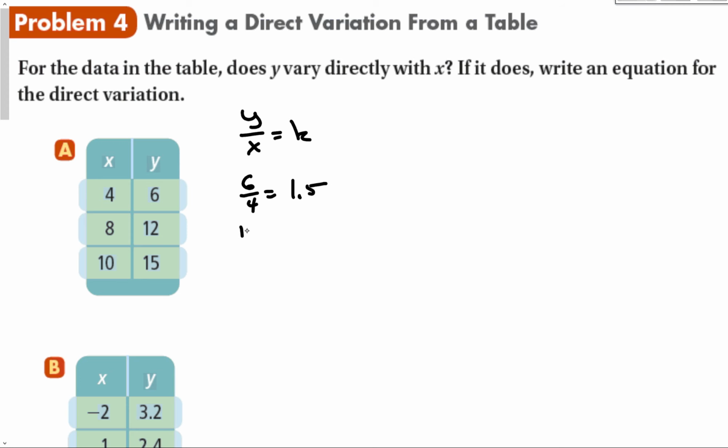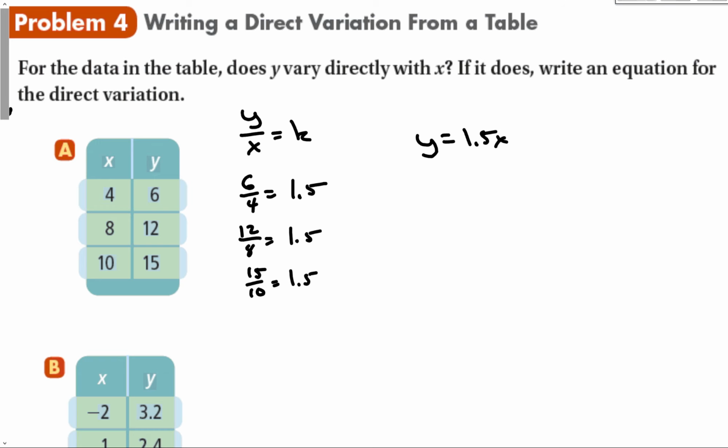Now we need to check, is 12 over 8 1.5? Yes. Is 15 over 10 1.5? Yes. Okay, so all the data points give me a constant of variation of 1.5. So that means my equation is y is going to be equal to 1.5x.